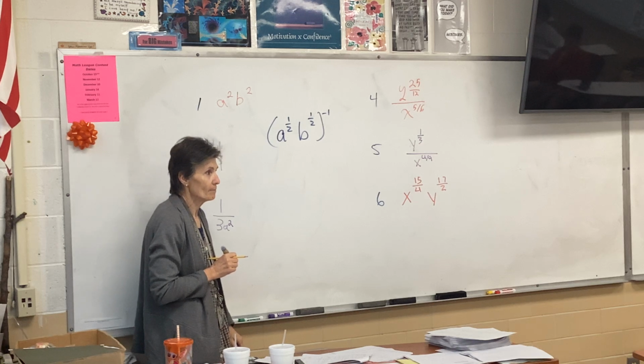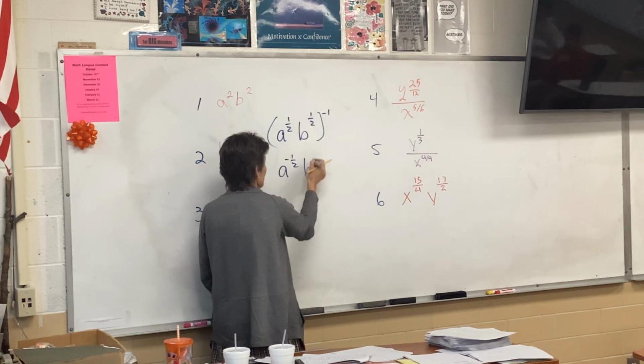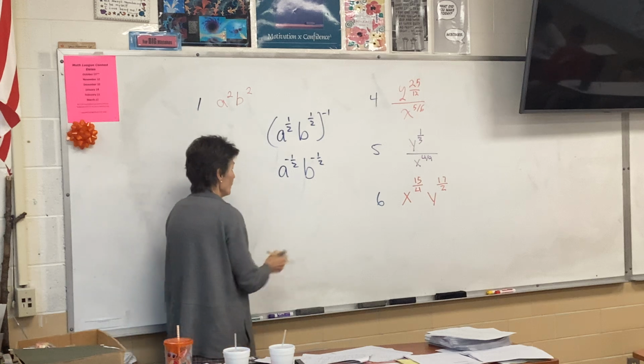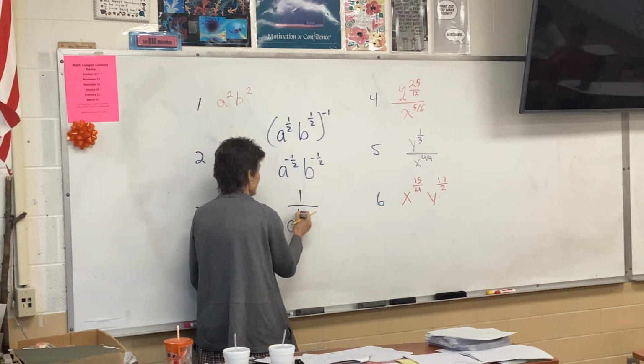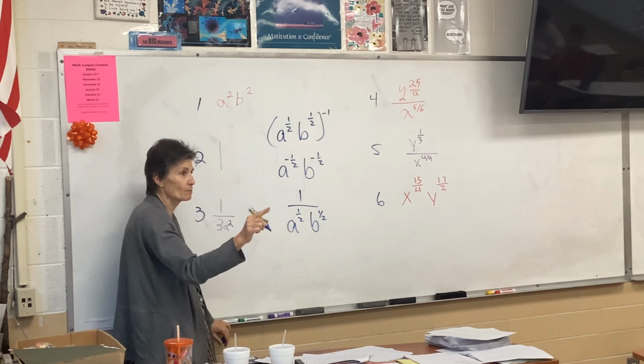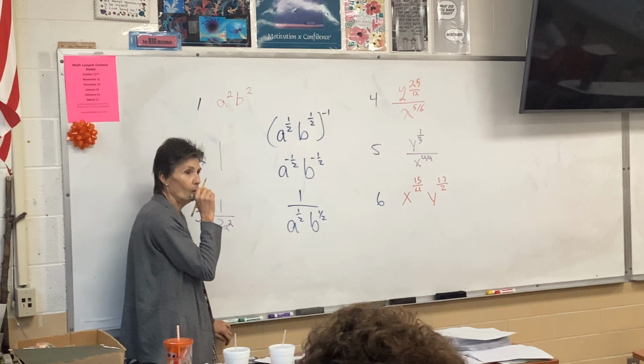Don't you multiply them? So this would be a to the negative 1/2, b to the negative 1/2, which is 1 over a to the 1/2, b to the 1/2. Now, that is not rationalized to Al's point, but for this exercise, it's fine.